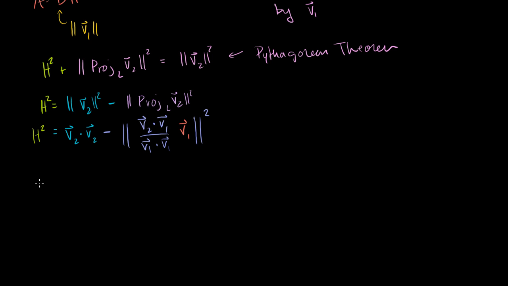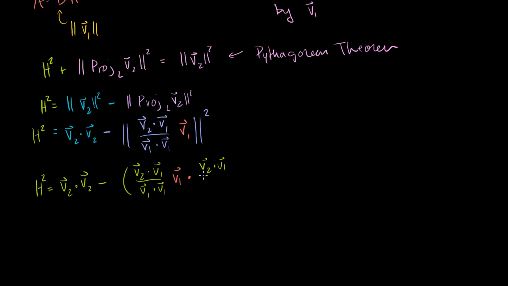So let me write everything over again. h squared is equal to v2 dot v2, and then minus this guy dotted with himself. So minus v2 dot v1 over v1 dot v1 times the vector v1, dotted with v2 dot v1 over v1 dot v1 times v1.